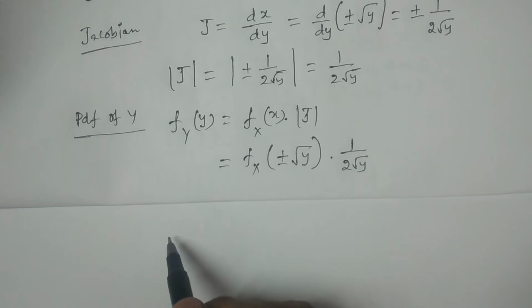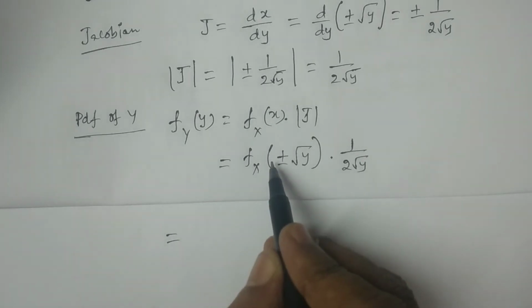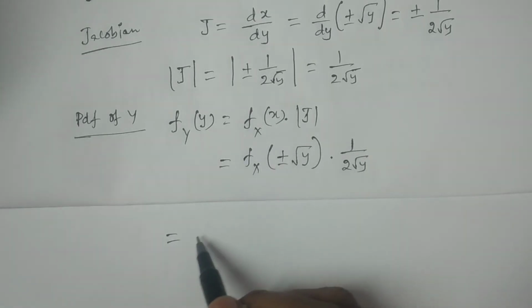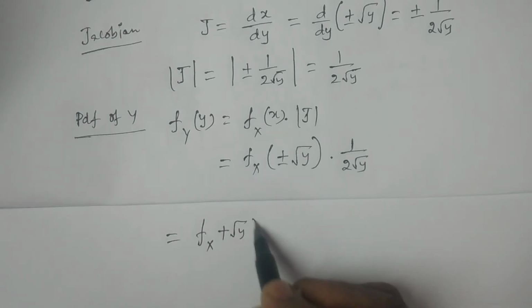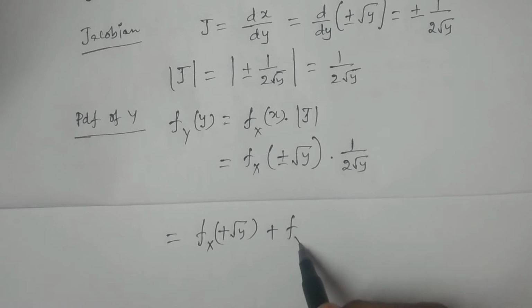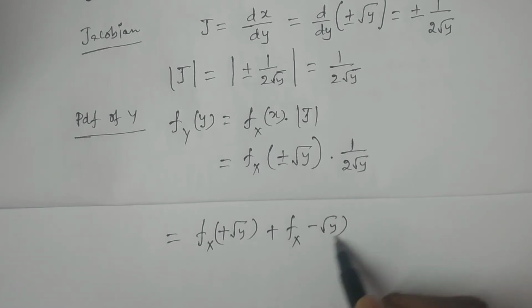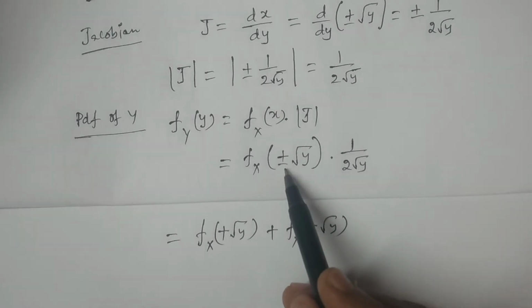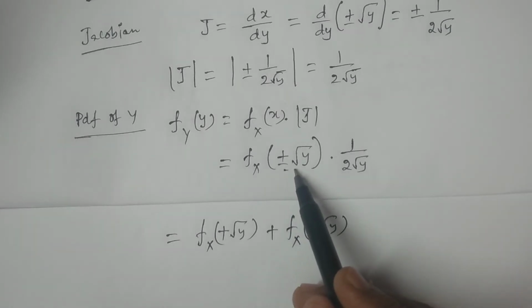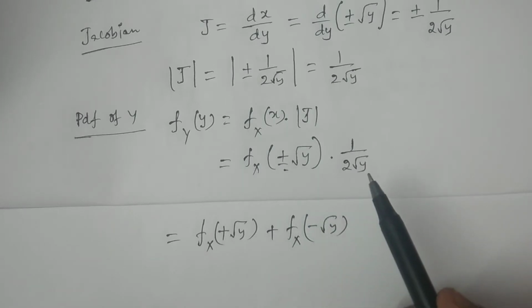So the next step is to express this as f_X of plus root y plus f_X of minus root y. Whenever you have a relation with plus or minus in the transformation, you have to divide it into two parts.